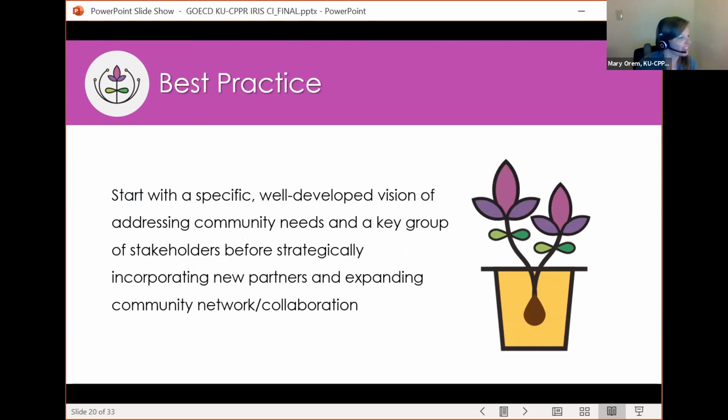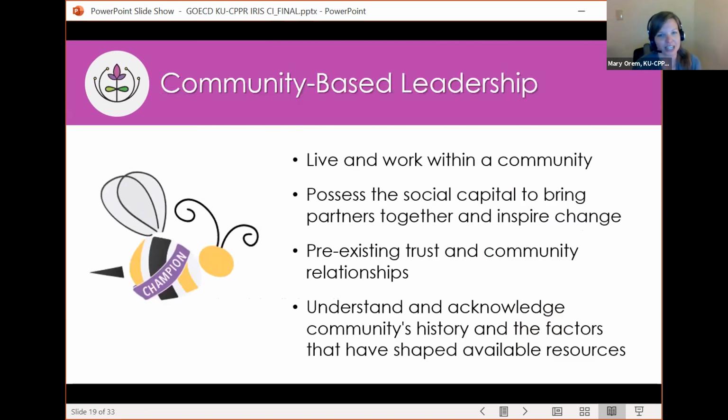Actually, Deborah, if you can go back to the previous slide, I'm just going to quickly touch on this. Cultivating Connections is best implemented when driven at the community level by community-based leadership, those with knowledge, connections, relationships, and the trust of the community. And the next slide will tell you that we have found that when creating new processes within your community, it's best to start with a specific, well-developed vision addressing community need and a group of stakeholders before strategically incorporating new partners and expanding the community network or collaboration.